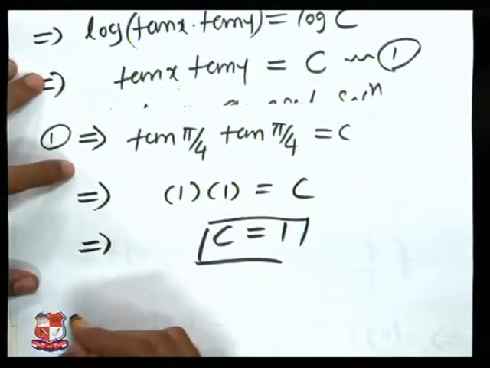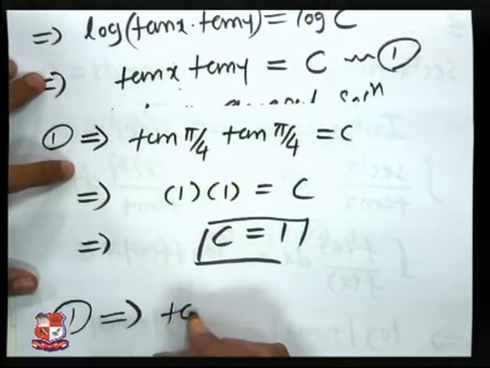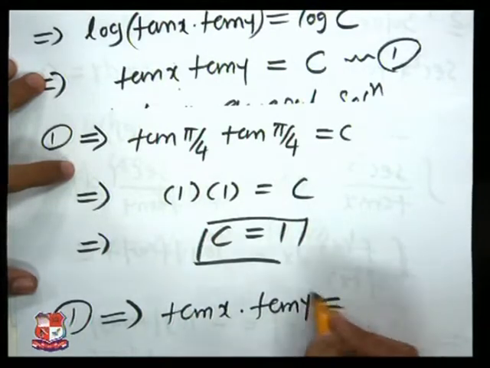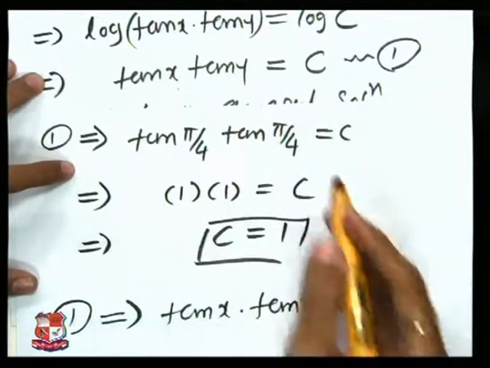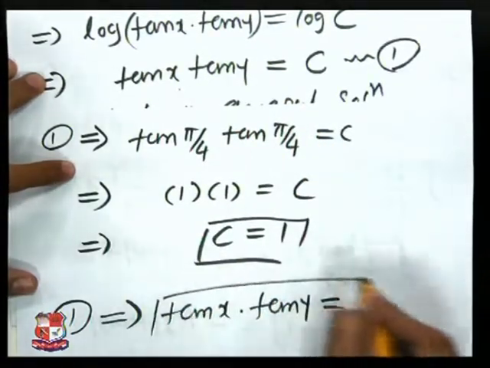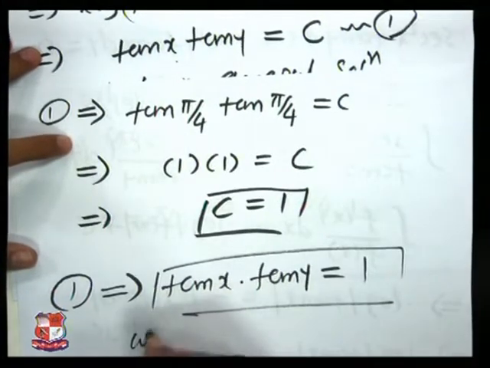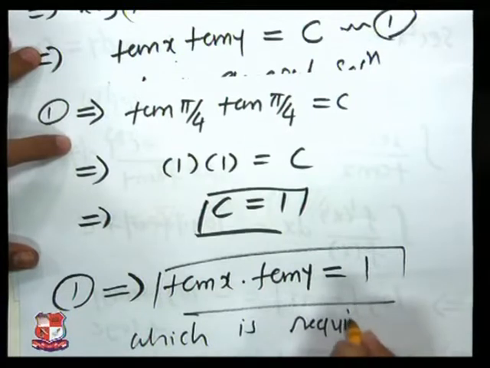So equation number 1 implies tan x into tan y is equal to 1, here c is equal to 1, which is the required particular solution.